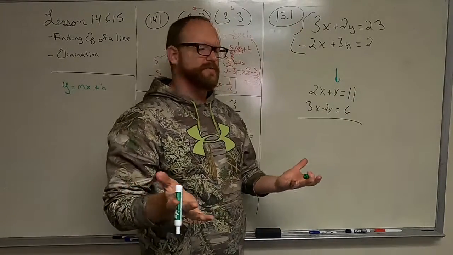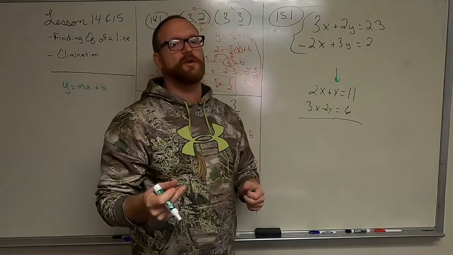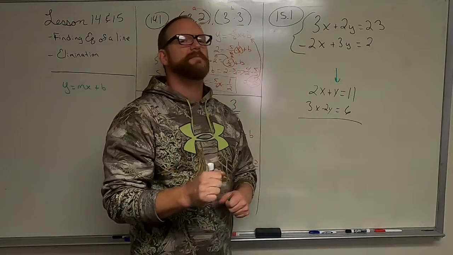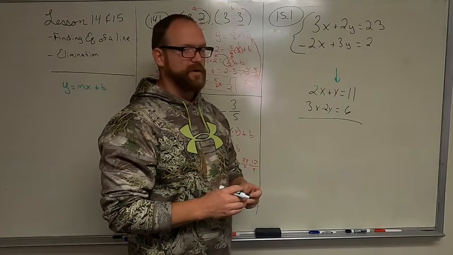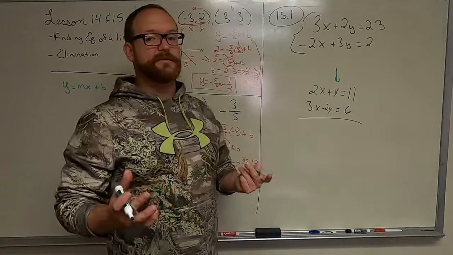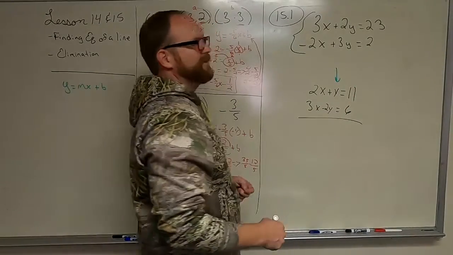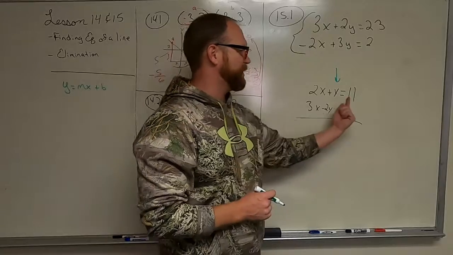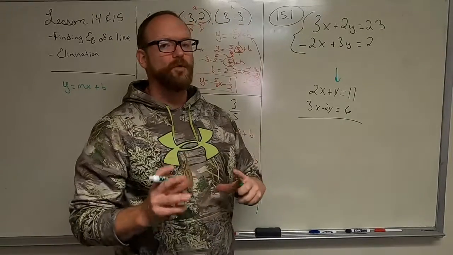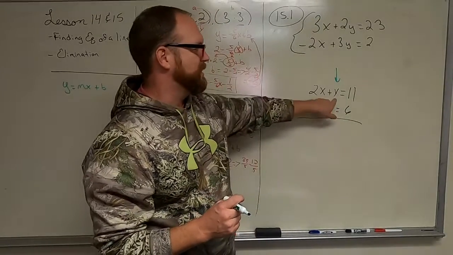So how do we do that now? Well, in order to eliminate the y's, not only do they need opposite signs, but they do need to have the same coefficient. They need to have the same number in front of it. And you say, well, that's easy. We'll just write in a 2 right here. Well, you can't do that. And so what we have to do, because it's an equation, we're going to have to multiply this y by 2.